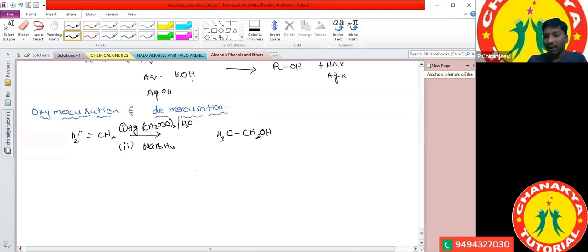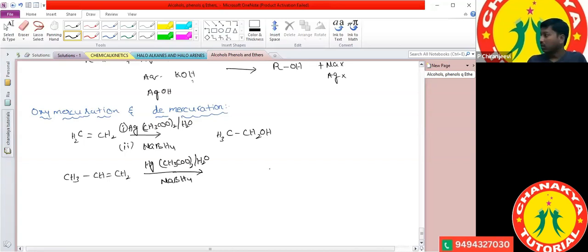If they give an unsymmetrical alkene, for example CH3-CH=CH2, treated with mercuric acetate, in the presence of H2O plus NaBH4, what is the product formed? Which alcohol will you get?